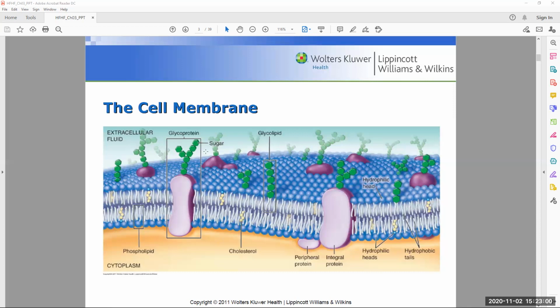And what you could have happening is binding at this receptor site, and this could then lead to the opening of channels. So notwithstanding that one of the major properties of the cell membrane is to act as a barrier, it also serves as a recognition device, holding receptors which enable specific molecules to enter the cell.